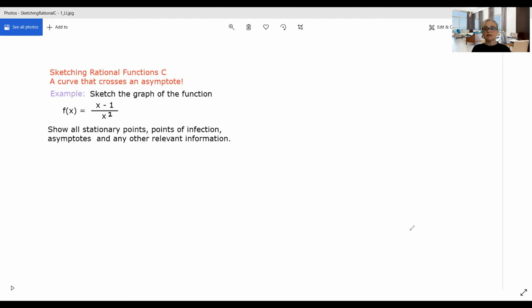Some students have the mistaken belief that an asymptote is a line that the graph will never touch. Now, that is true in the case of a vertical asymptote. A vertical asymptote occurs when the function is not defined, so the function will not cross a vertical asymptote.